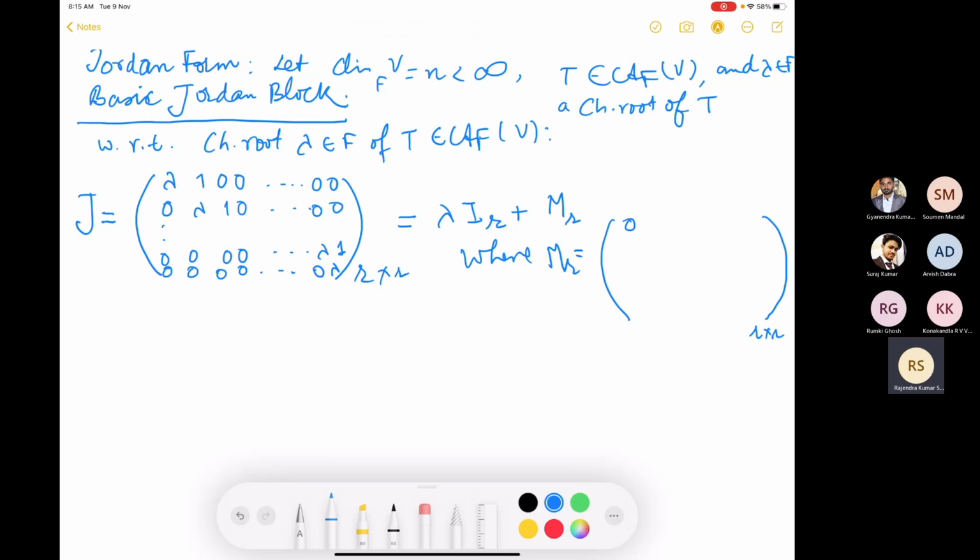So 0, then 1, 0, 0, 0, 0, like this, and then 0, 0, 1, 0, 0, 0. The bottom row would be all zeros only. Okay, so this is what we had seen in the nilpotent linear transformation. All right.